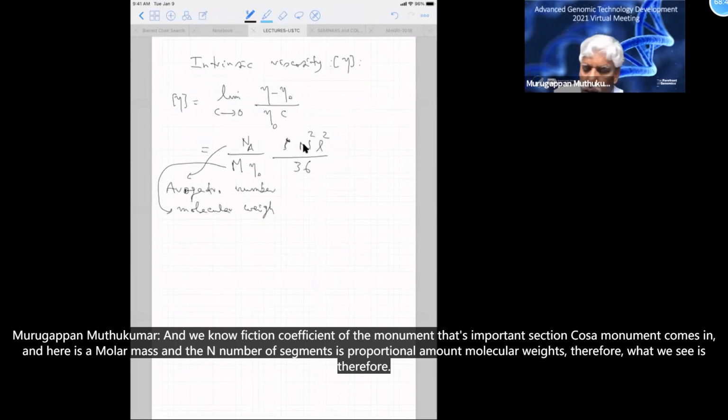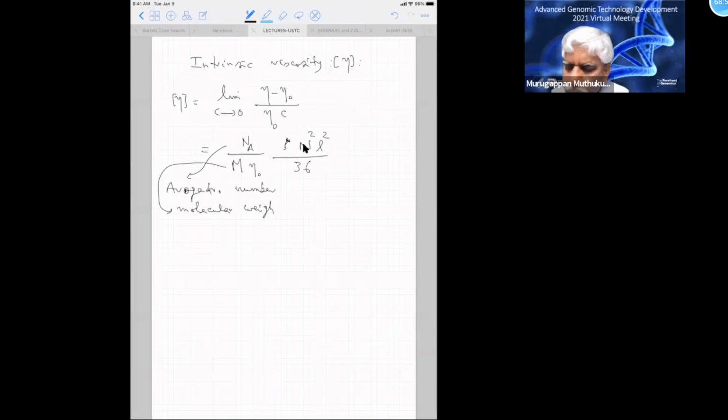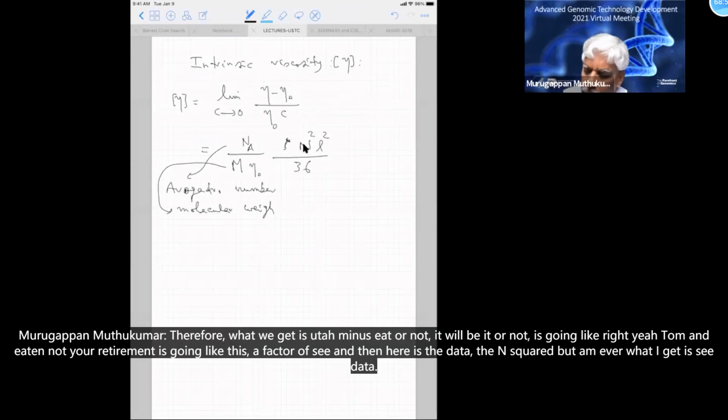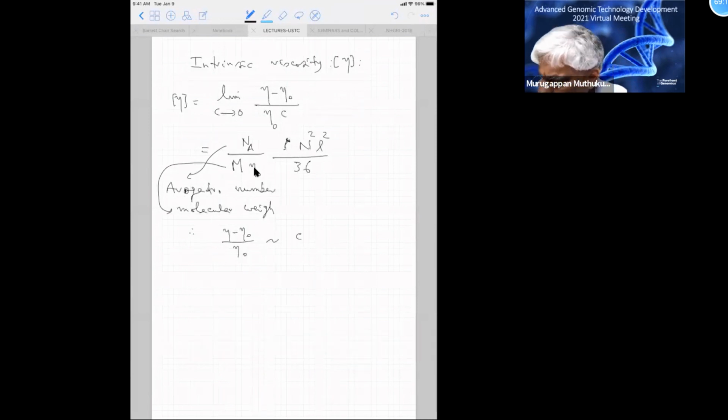Therefore, what we get is eta minus eta naught divided by eta naught going like a factor of C, and then zeta, n squared by M. Therefore, what I get is C, zeta, and molecular weight, proportional.